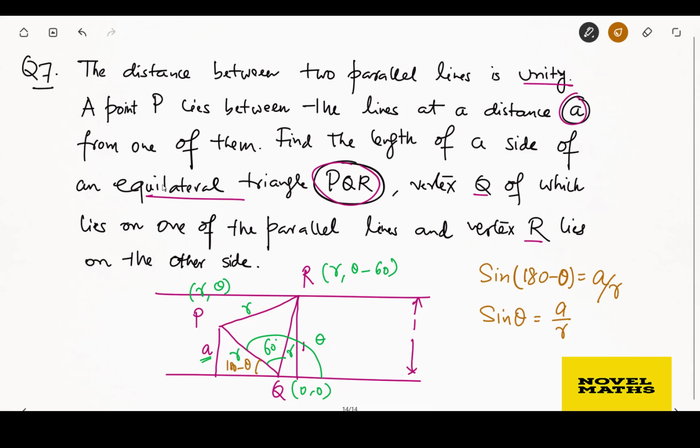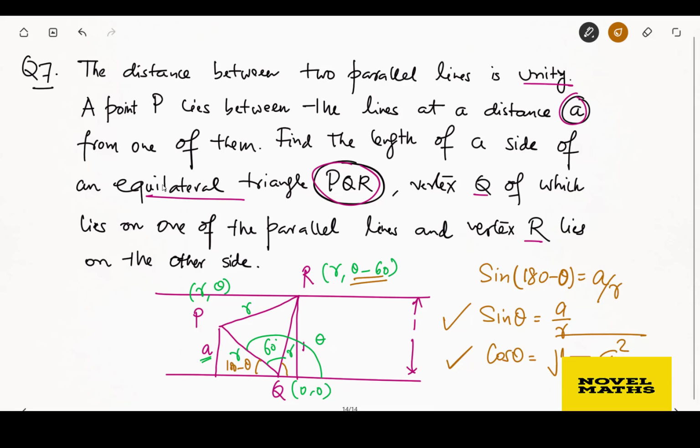Now if sine theta is A over r, what should cos theta be? Square root of 1 minus A square over r square. We know sine theta and cos theta. Why are we calculating these? Because we have another constraint: the distance between the parallel lines is 1. And in this triangle, this angle is theta minus 60, right?